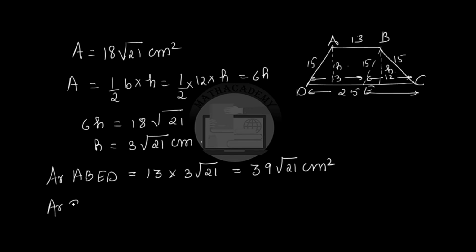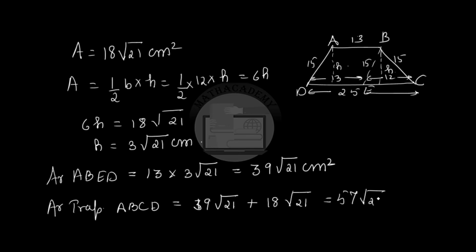So the area of trapezium ABCD will be equal to the area of the parallelogram, which is 39 root 21, plus the area of the triangle, which is 18 root 21, which gives us 57 root 21 centimeter square as the area of the trapezoidal field.